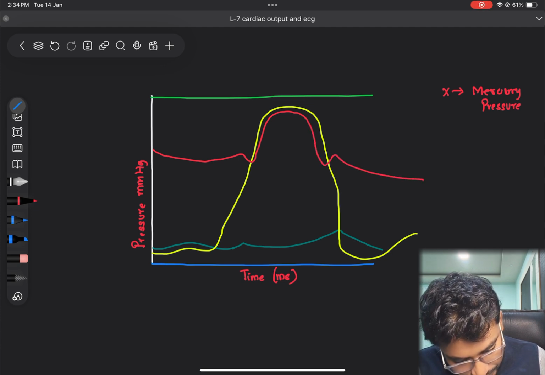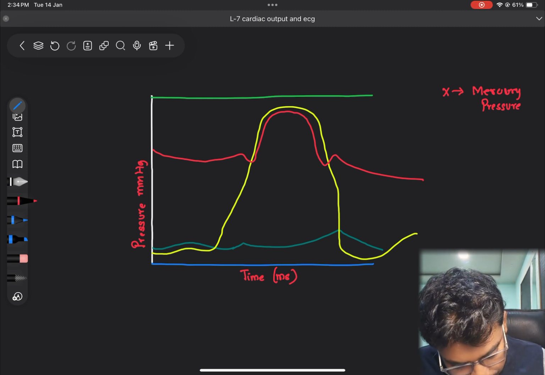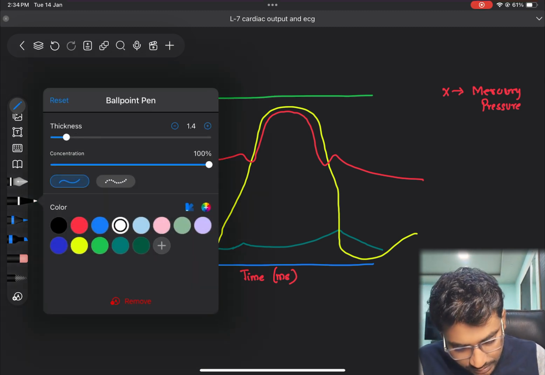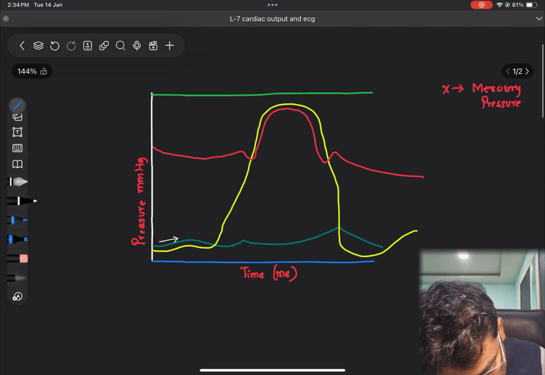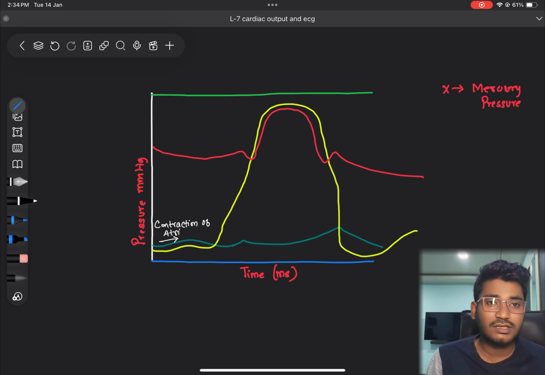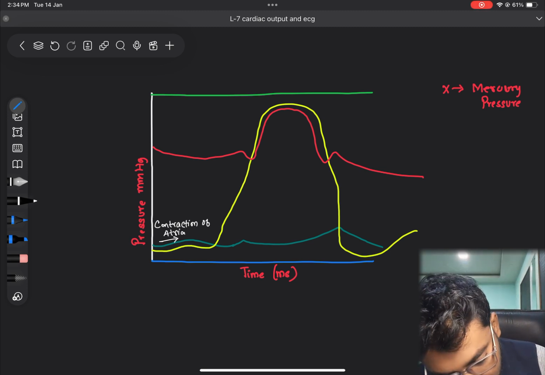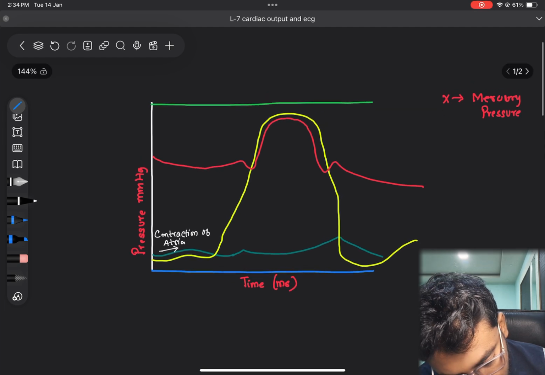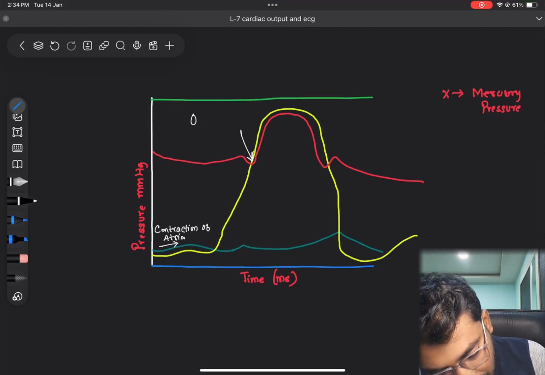Okay, now here you can say this is the contraction of the atria, that is the atrial contraction. Now here the semilunar valves open.